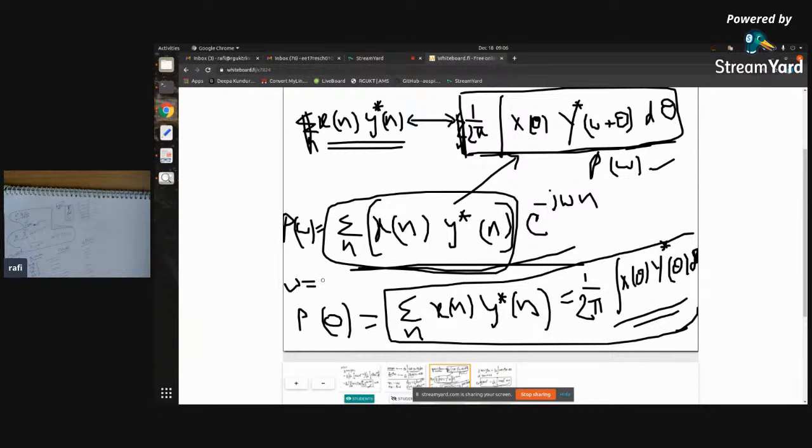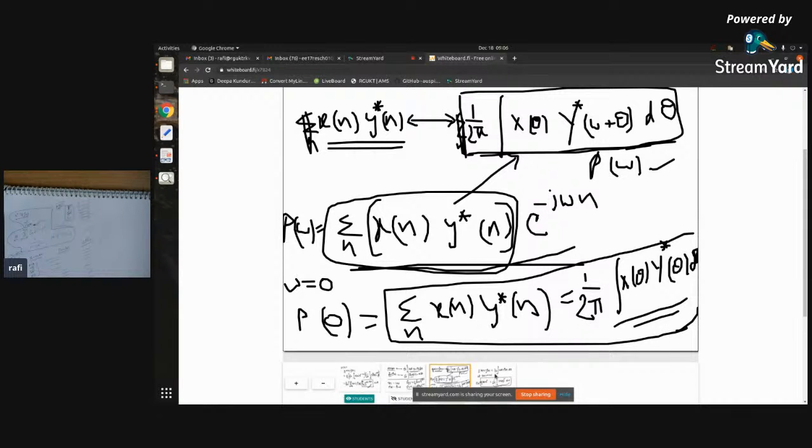If you substitute omega equal to 0 here, e power 0 is 1, so you are left with only this summation term, and in the frequency domain this is equal to this P of omega. So this is equal to 1 by 2 pi times the integral of x of theta, when omega is equal to 0, y star of theta d theta. Okay, we get this expression.